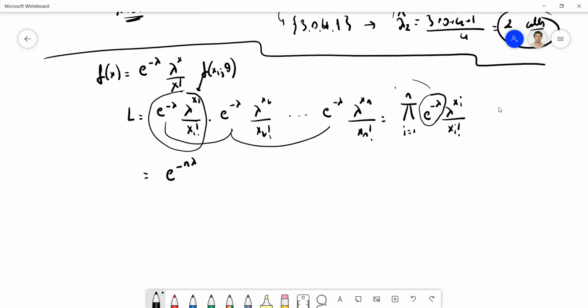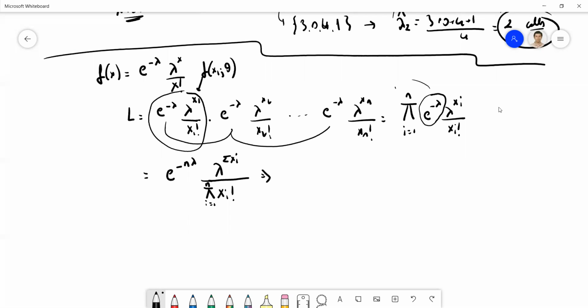And the rest of this product can be written as lambda to the power summation of xi, because when all these x1, x2 are raised to the power, lambda is raised to the sum of those values, and this is divided by the product of xi factorial. This is very easy mathematics, but I somehow messed it up trying to explain it.